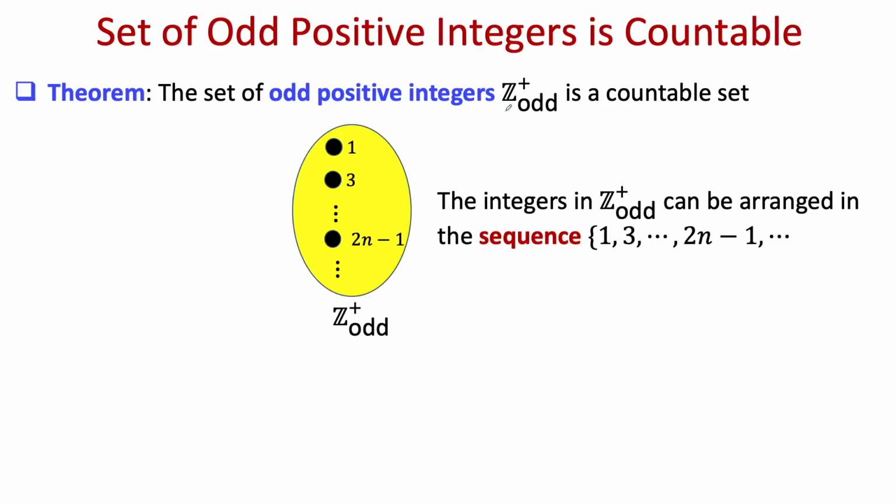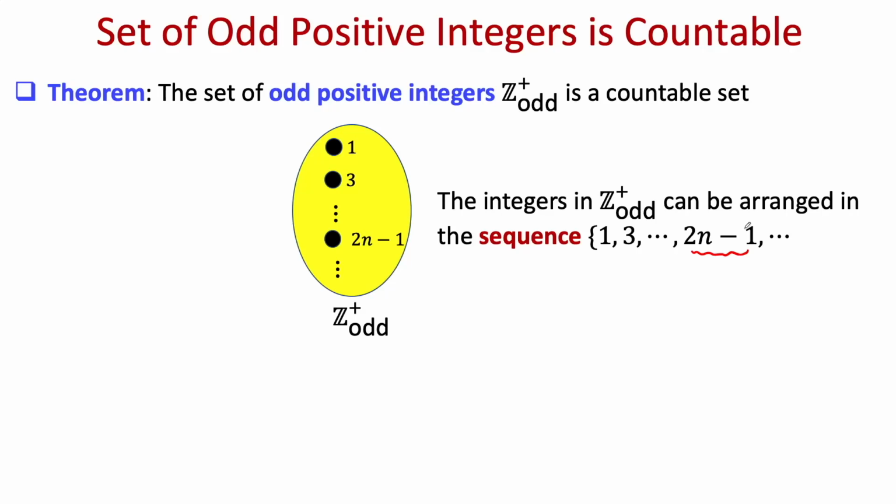So my bijection is as follows. Consider the sequence 1, 3, 5, 7, and like that, where the nth term in the sequence is 2n minus 1 and so on. So clearly this sequence is a sequence of infinite positive integers, and each number in this sequence is odd. My claim is that this is a valid sequence for the set of odd positive integers.